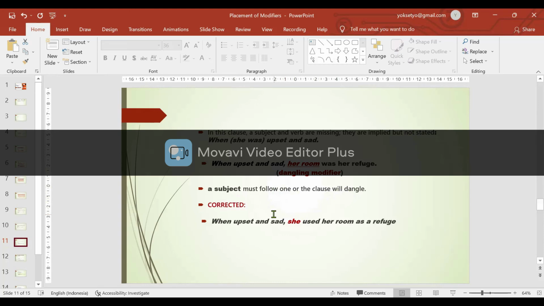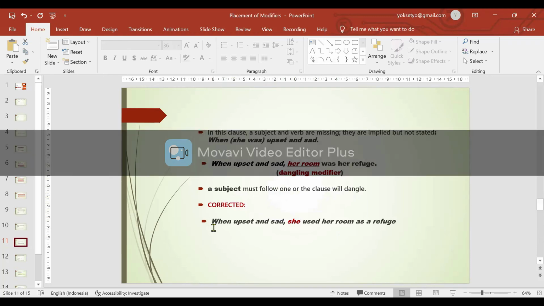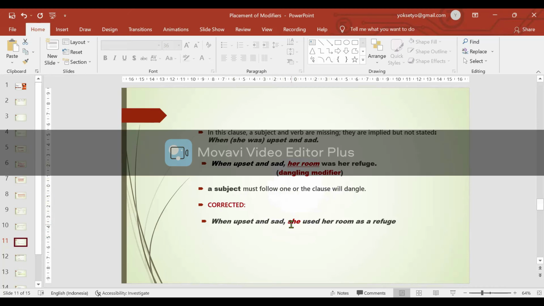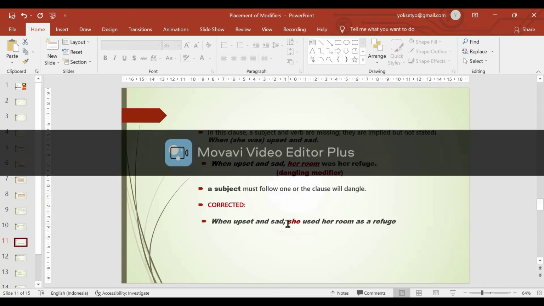So you can correct the sentence. When upset and sad, she used her room as a refuge. So you see, the subject will be the same because the second clause subject is she.